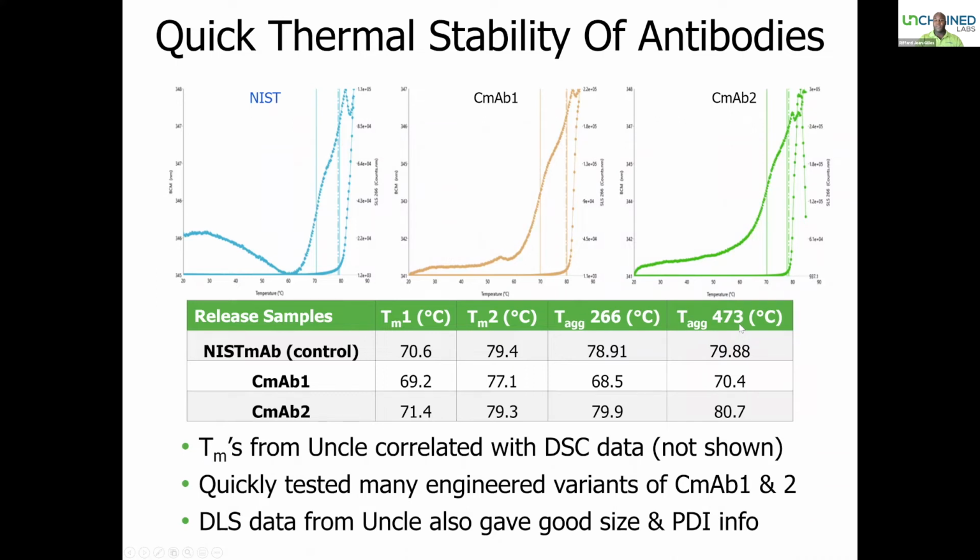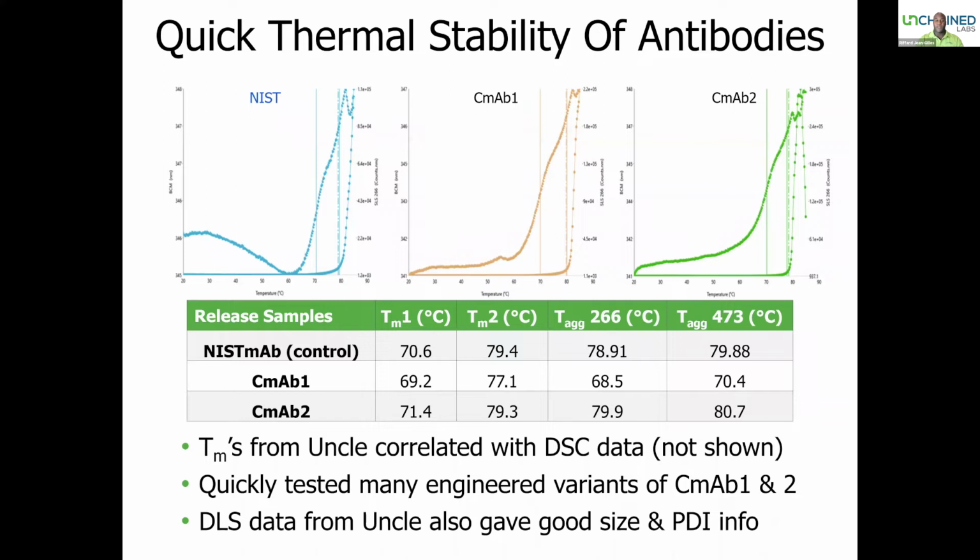I want to bring your attention to one very particular interesting observation here, which is that in the case of the NIST mAb, the melting temperature number 2, the TM2, corresponds very nicely to the temperature of aggregation. And what this tells you is that it is this unfolding transition here which is responsible for the aggregation that you see there. It's a very unique insight that only the Unchained can give you, because we measure both unfolding and aggregation at the same time.